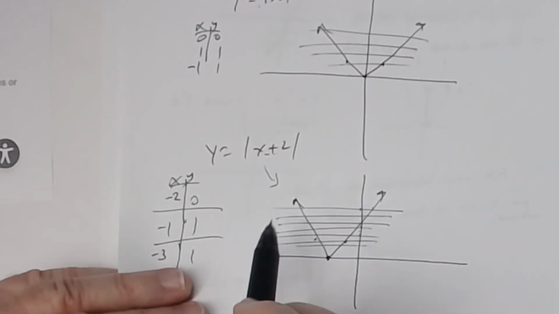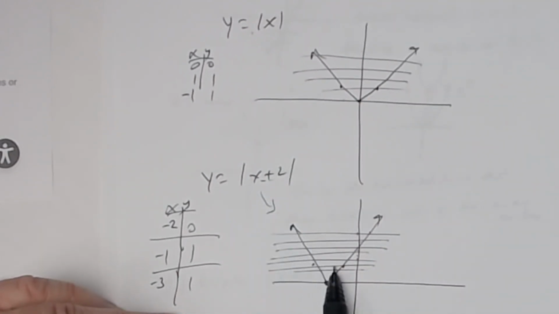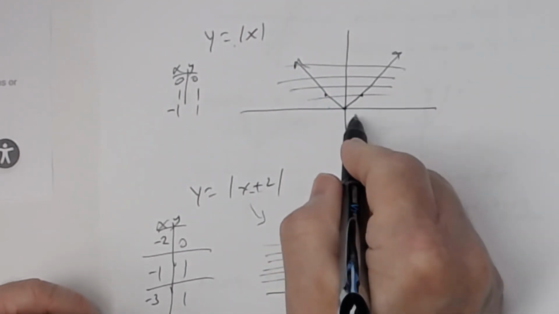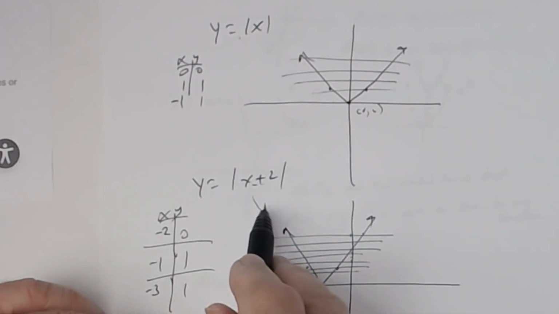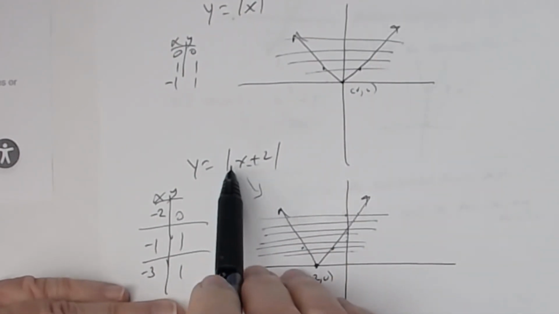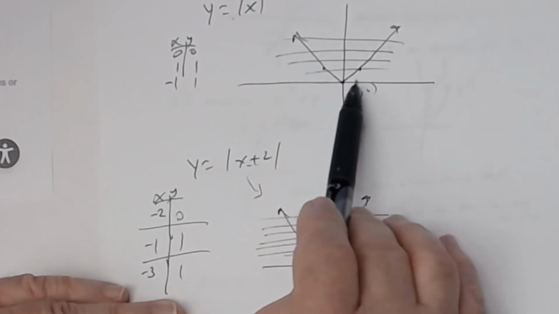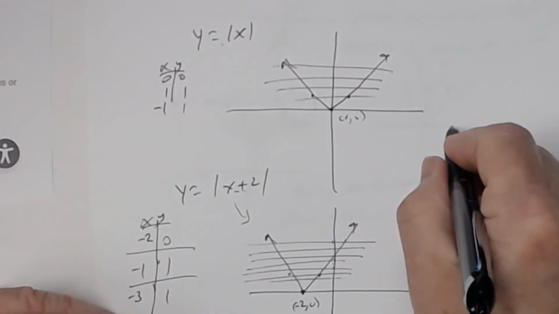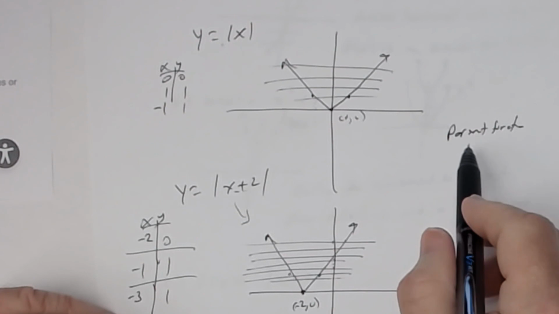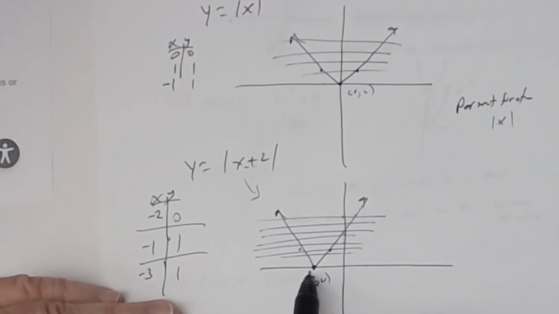All right, now notice that I got this graph here by using a t-table, but I want you to notice something. See this vertex here, 0, 0? When I graph this, that vertex is -2, 0. So to graph the absolute value of x plus 2, all I did was I took the parent function, which is the main function, absolute value of x, and I shifted it to the left 2 units.